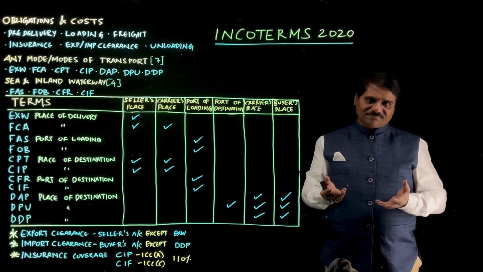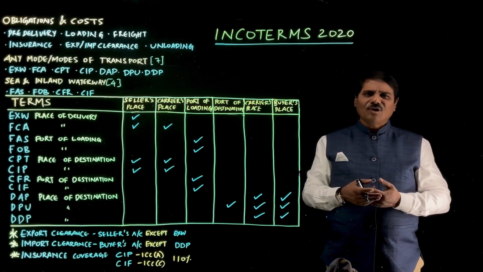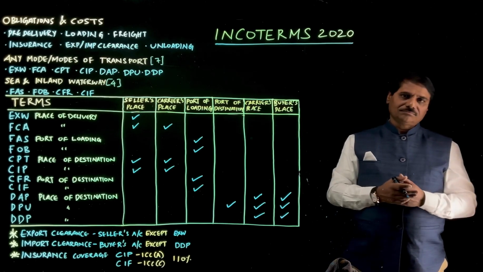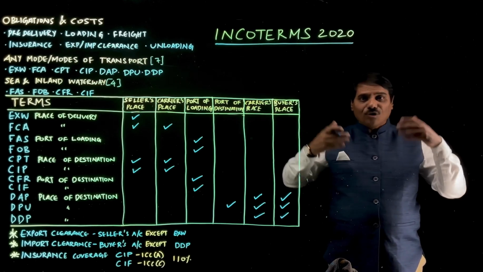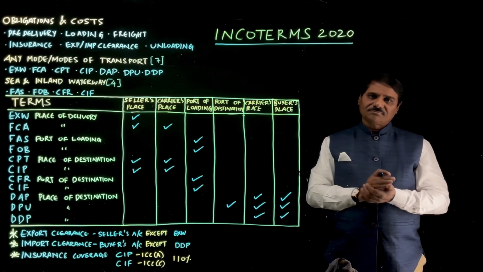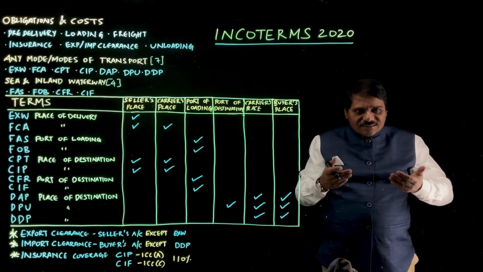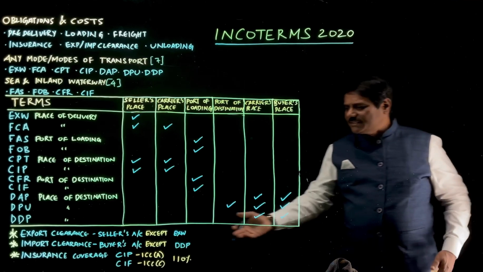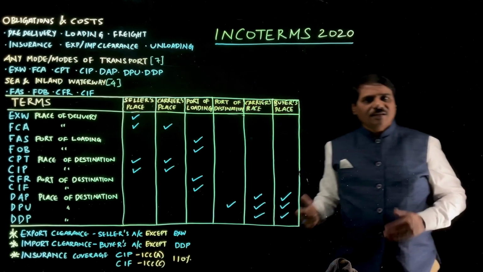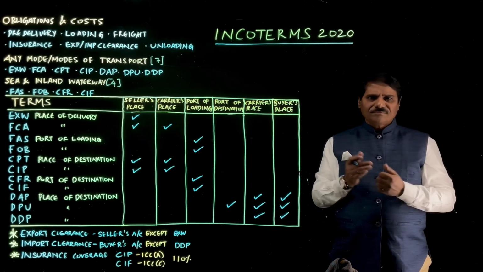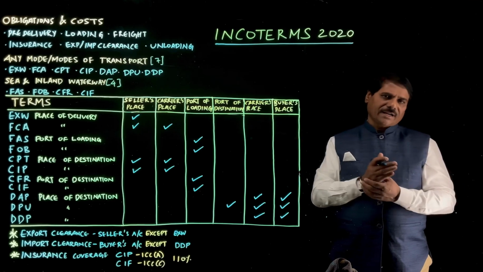And bulk shipments like coal, value is less, volume is more. Because value is less, they thought ICC C, the lower level of coverage, is sufficient in the absence of risks in the sales contract.